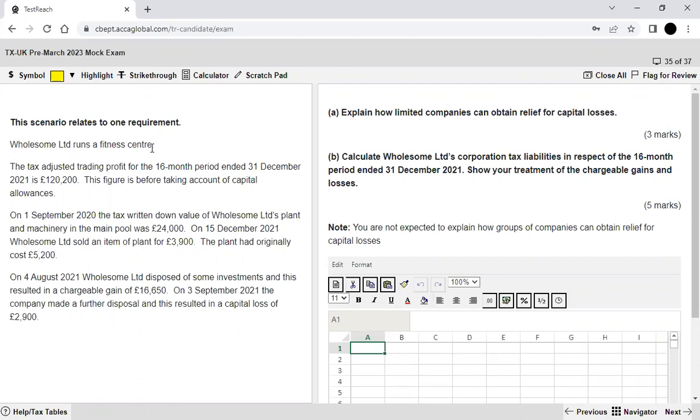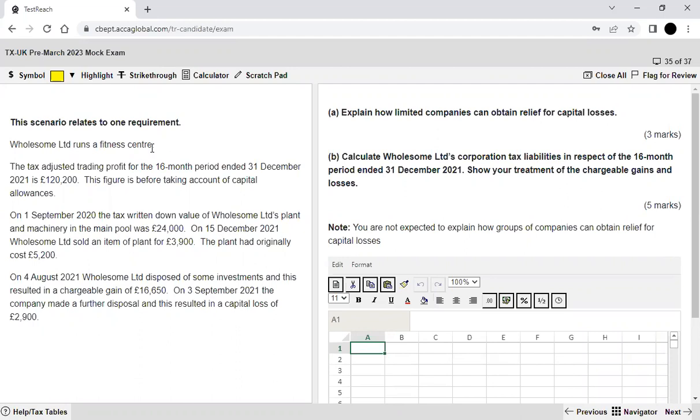Part B: calculate Wholesome Limited's corporation tax liabilities in respect of the 16-month period ended 31st December 21. Show your treatment of chargeable gains and losses. You are not expected to explain how groups of companies can obtain relief for capital losses. In short, do not talk about group losses or capital gains.